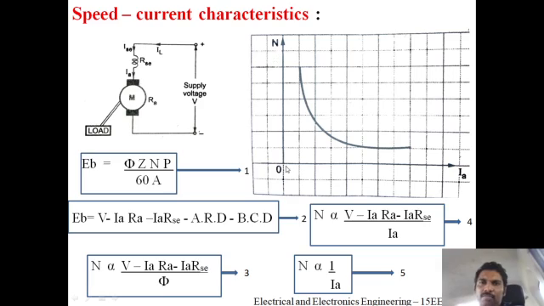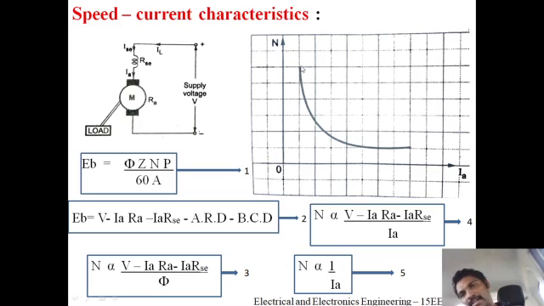as the load on the motor gets increased, automatically, if you observe the circuit diagram, the current drawn from the supply increases, that is IL increases. ISC comes in series, ISC increases, therefore IA increases. As IA increases, which is inversely proportional to speed, the speed decreases.